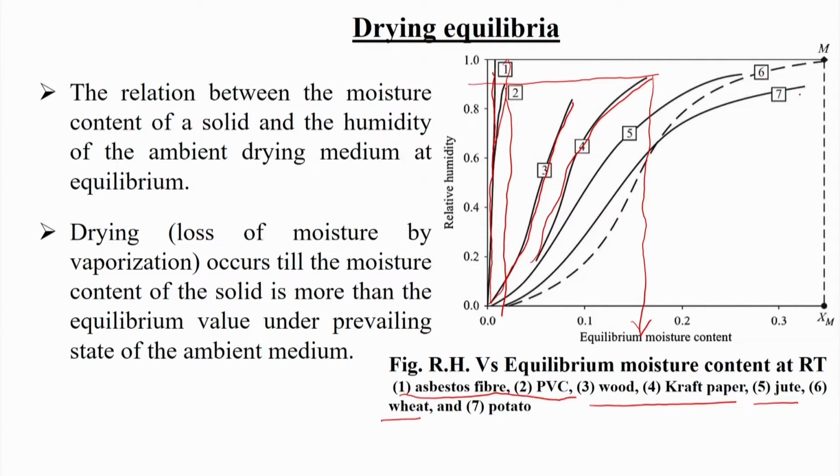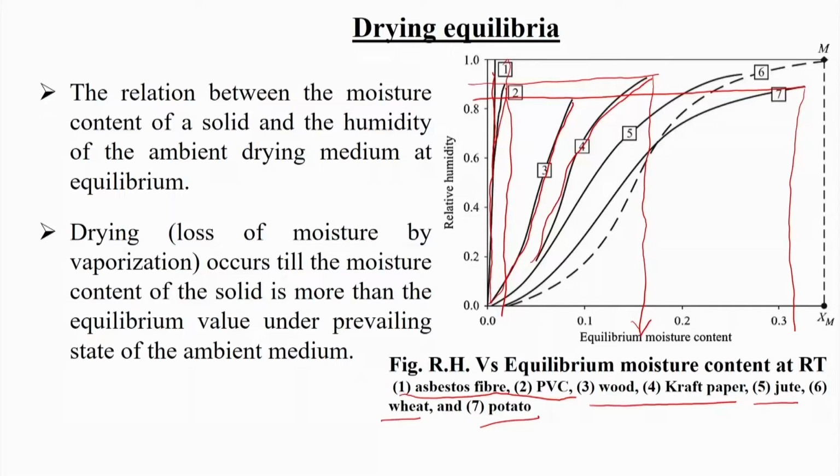In the case of this potato, you see the relative humidity values are around 0.32, and whenever the relative humidity is around 0.85, like this. So, we need to know the relationship with the equilibrium moisture content for a particular wet solid drying.